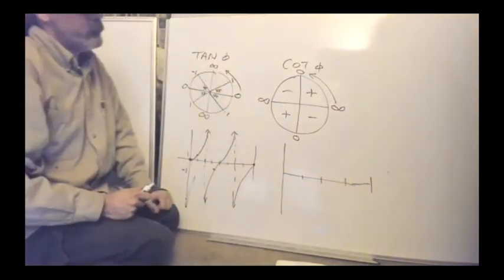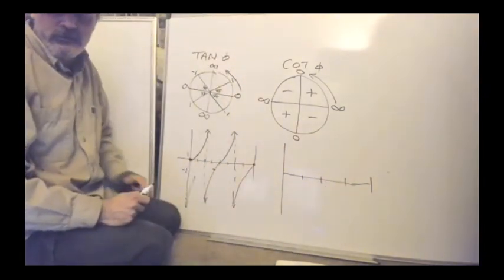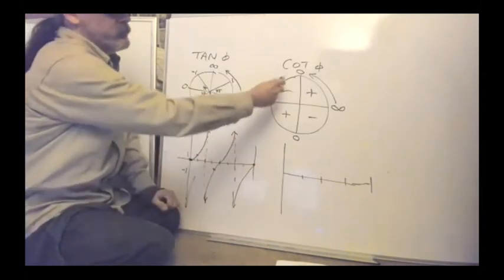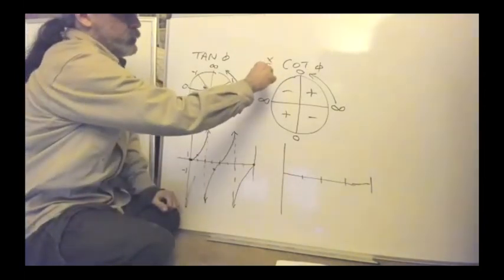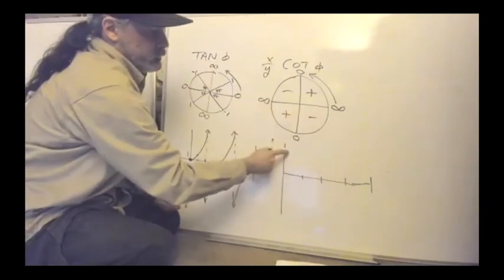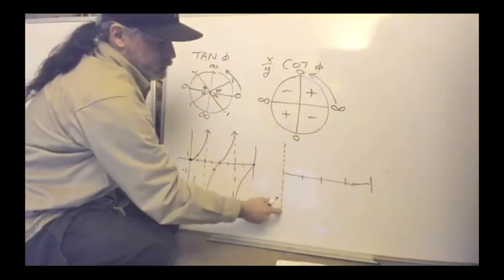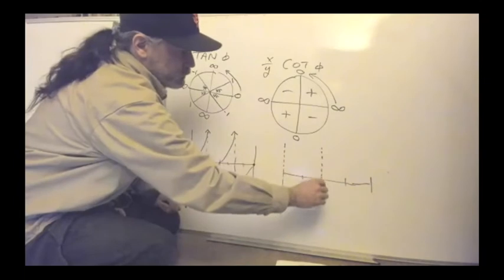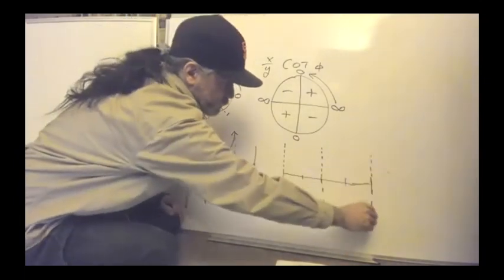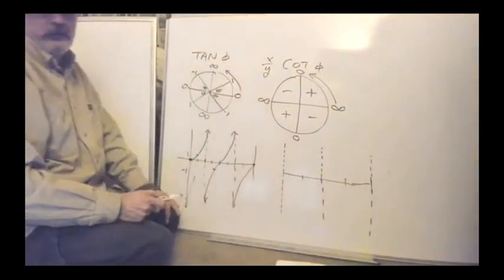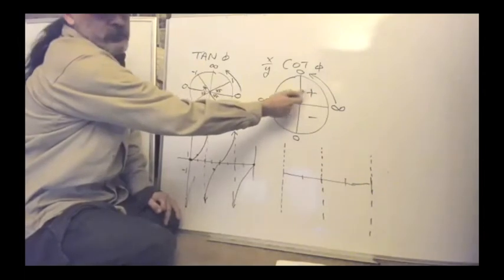okay, well, wherever we divide by 0, this is undefined. Cotangent is x over y, so it's going to be undefined first quarter, second quarter, and then at the end, fourth quarter. Okay, so in the first quarter, it's positive.